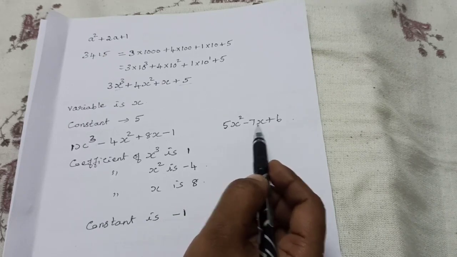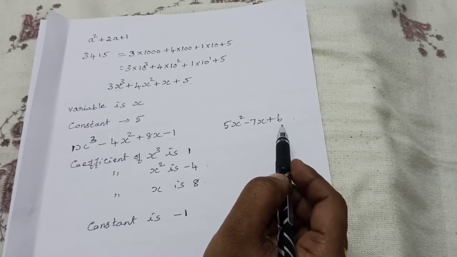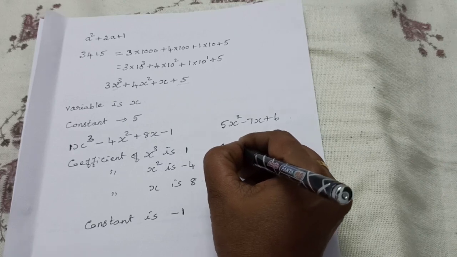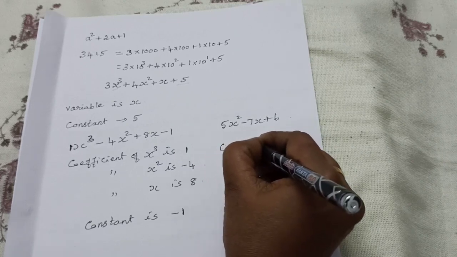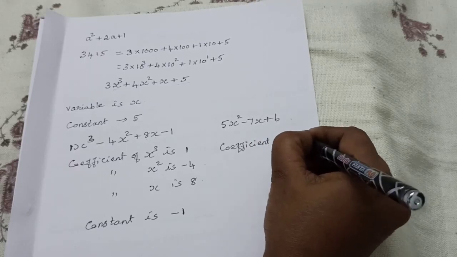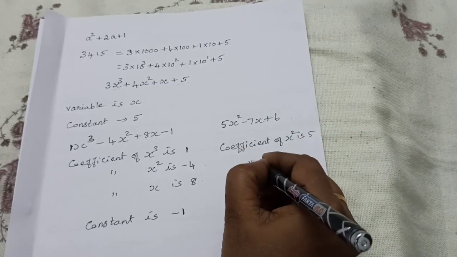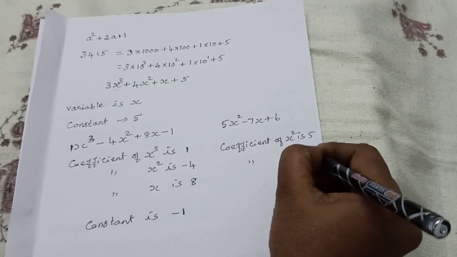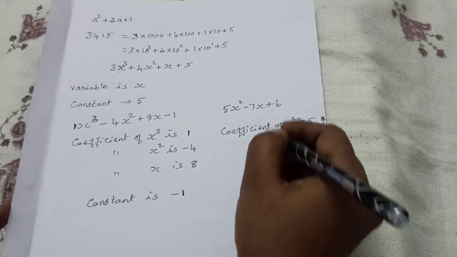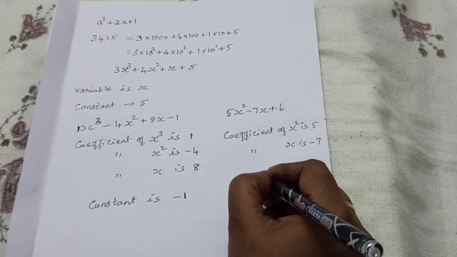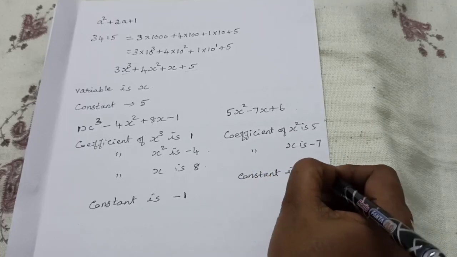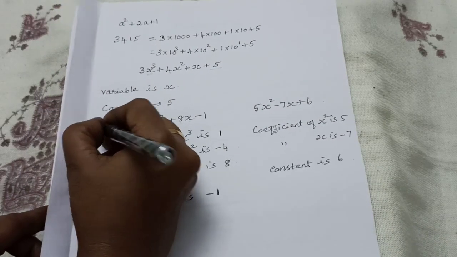Very clear? Which is the constant? 6 is the constant. Coefficient of x square is 5, coefficient of x is minus 7, and the constant is 6. Have you understood?